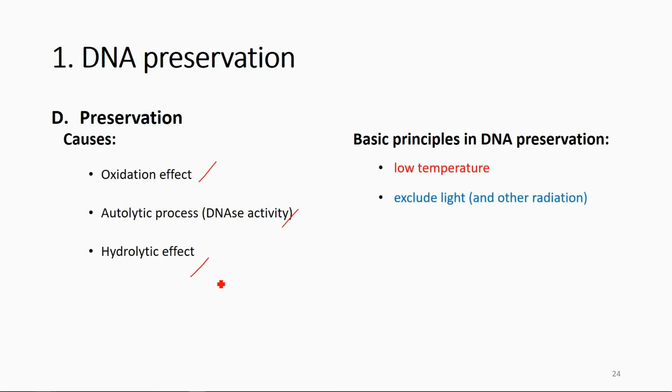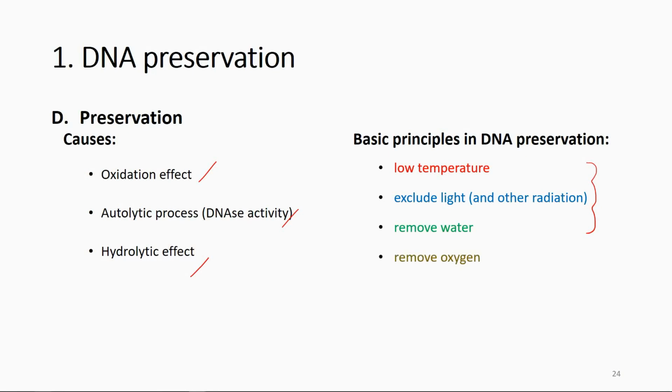Then you can lower the enzyme activity and exclude the light or other radiation. In this way, you reduce the oxidation effect. You also can remove the water, then you can reduce the hydrolytic effect. So these are the things that you can do.